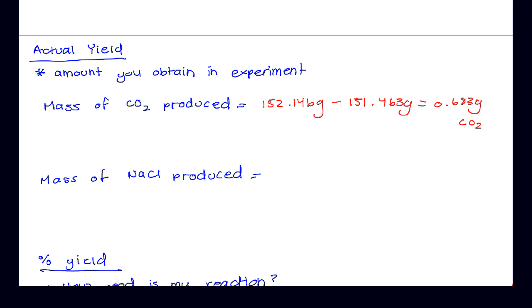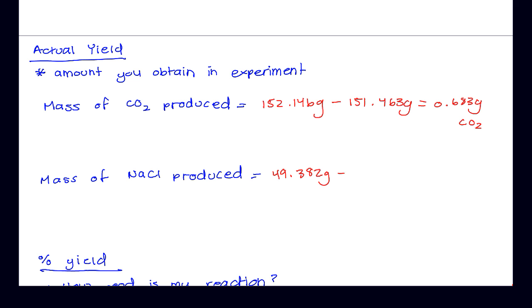What about the mass of sodium chloride produced? So we weighed it out onto a watch glass. The first thing we need is the mass of the watch glass plus the sodium chloride that we collected. And that mass was 49.382 grams.